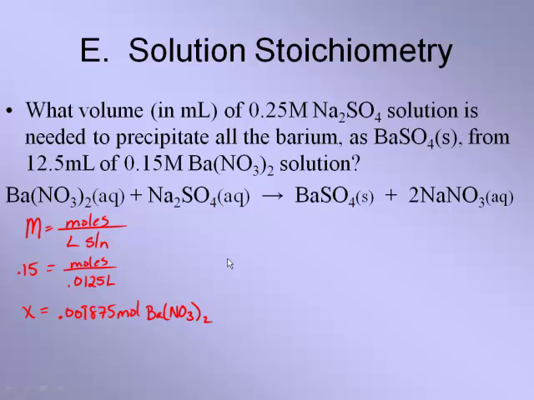Okay. The question asked about the sodium sulfate. So I set up my mole ratio, and 1 barium nitrate in my chemical reaction is equal to 1 sodium sulfate. So that makes that math really easy. Don't even need to pull out my calculator for that one. Look at that.